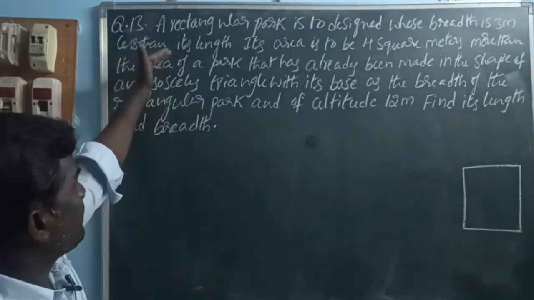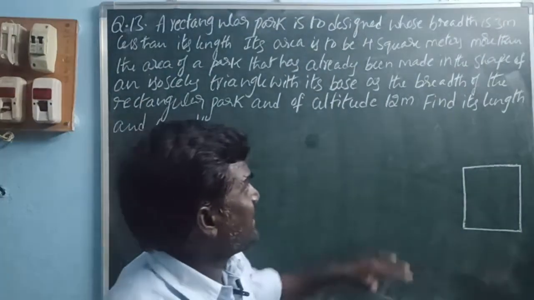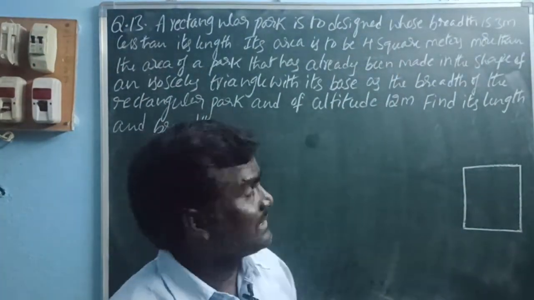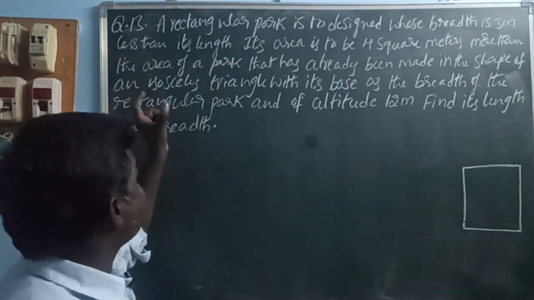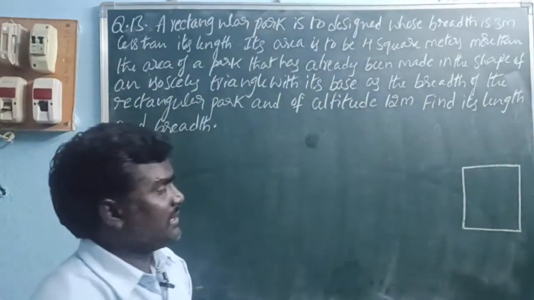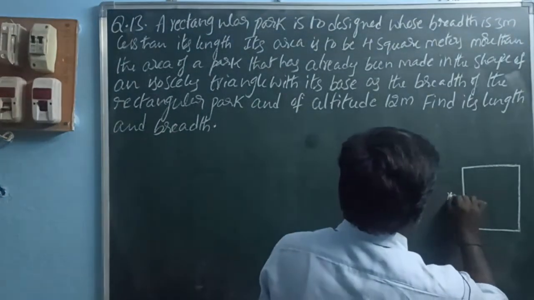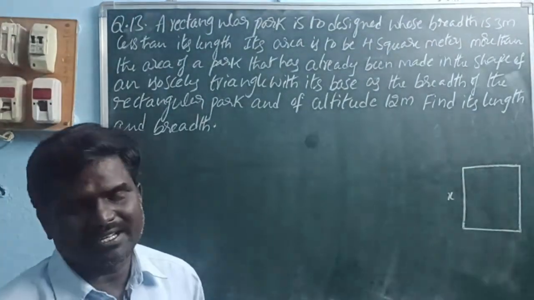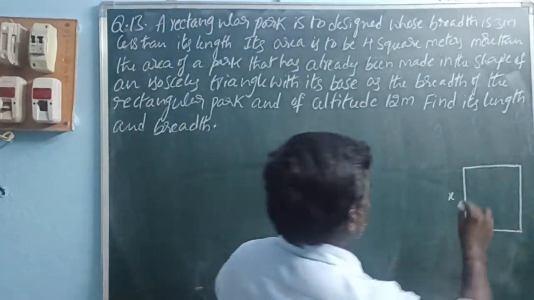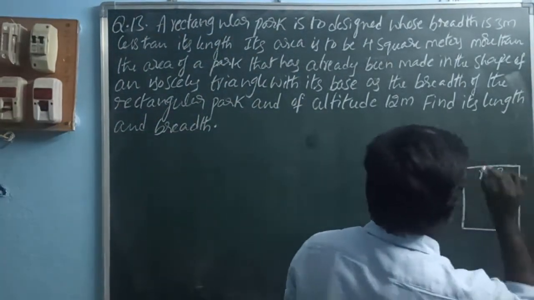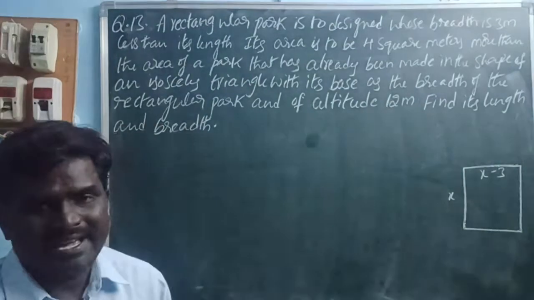Here a rectangular park is to be designed whose breadth is 3 meters less than its length. So let us take the length as x. Then the breadth is x minus 3.